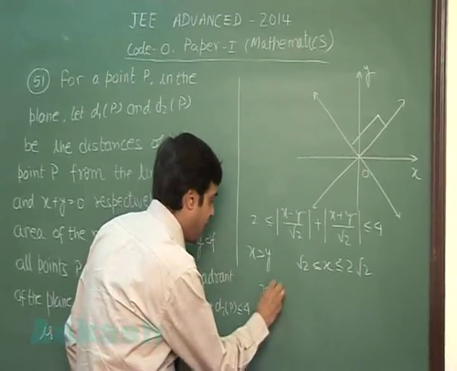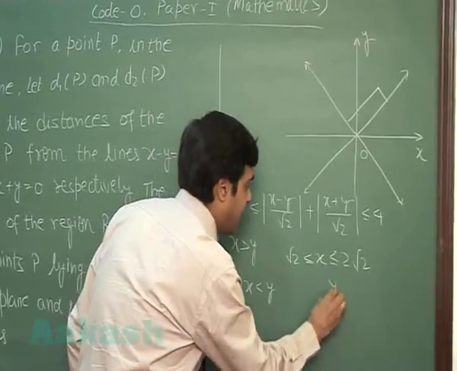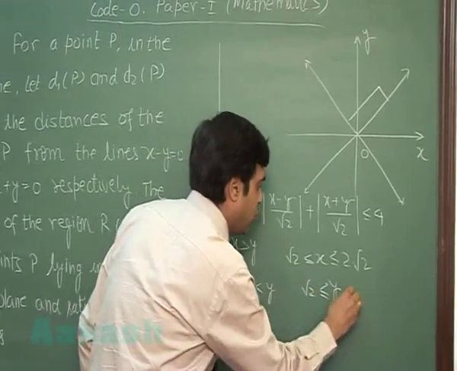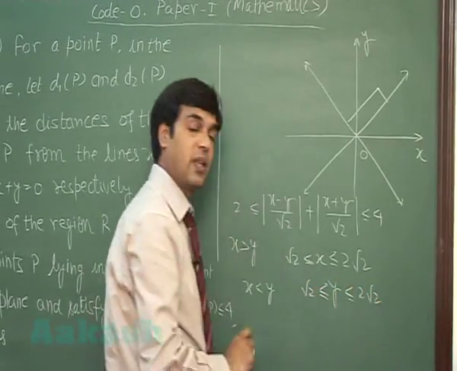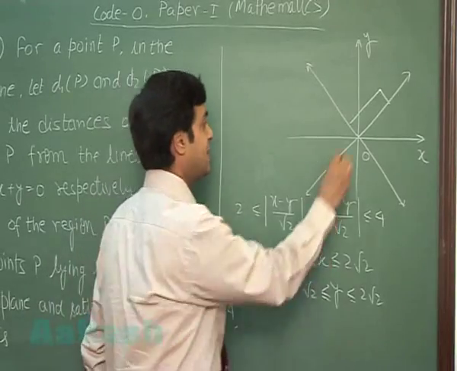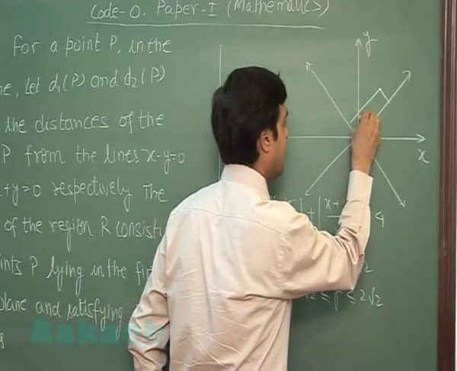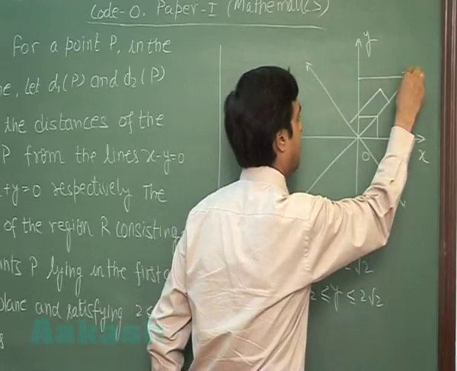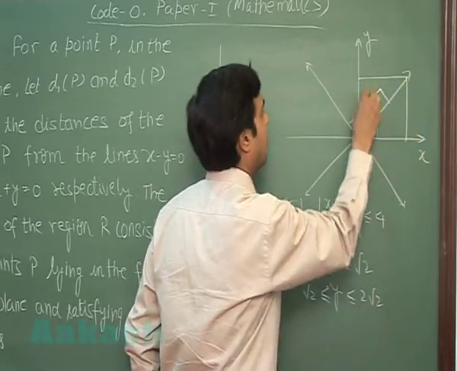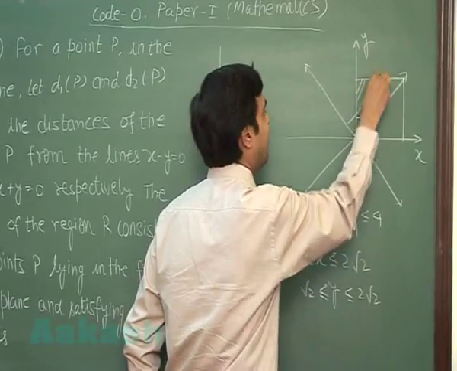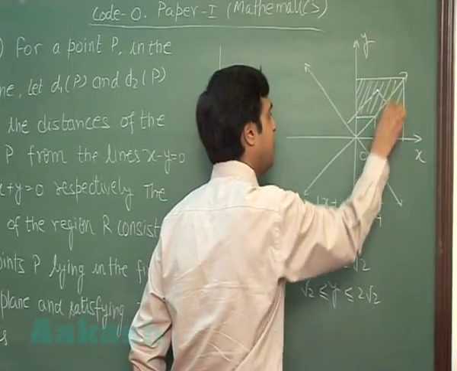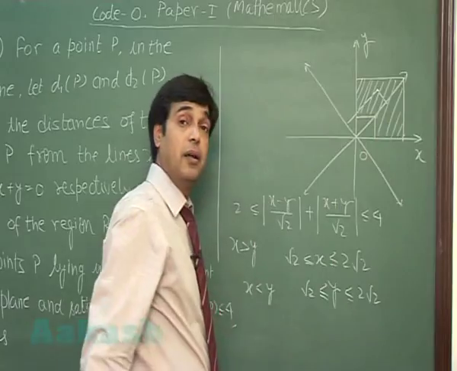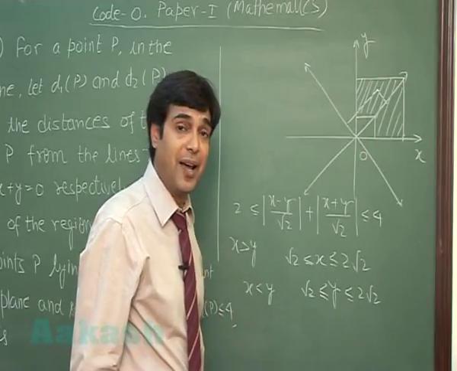Similarly, when we take x is less than y, we will get y is between root 2 and 2 root 2. We can trace these lines in the first quadrant. So this is the required area in the given interval. Correct?